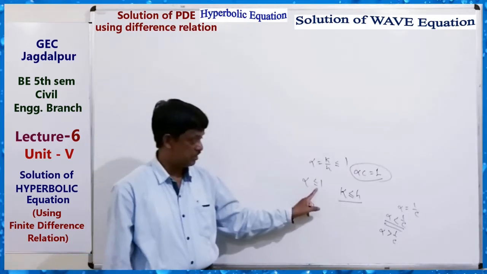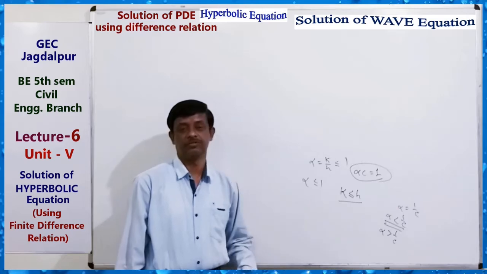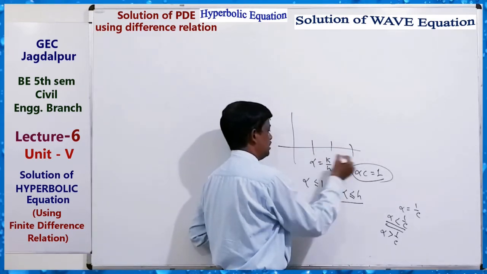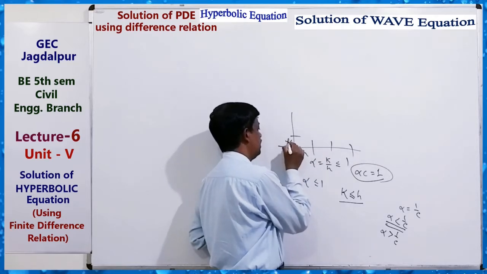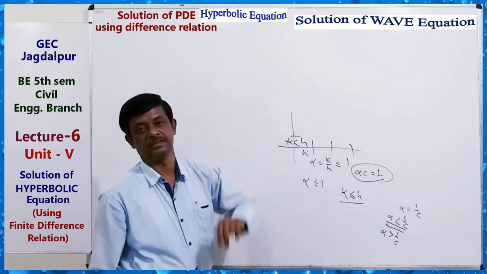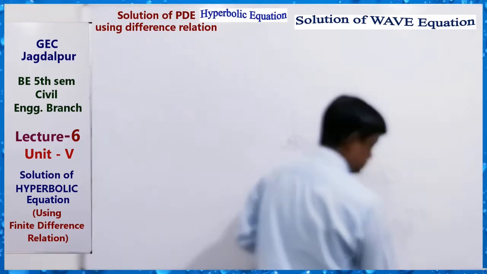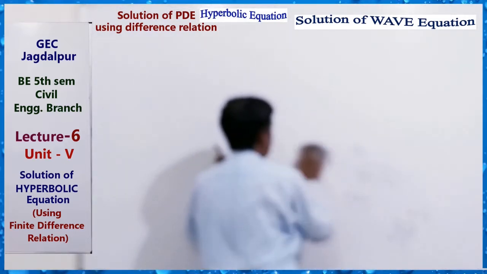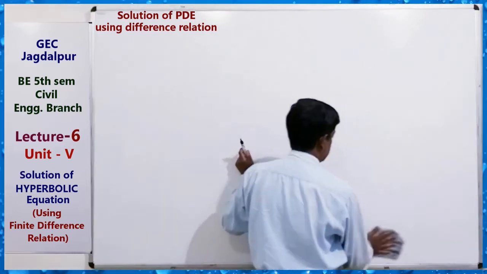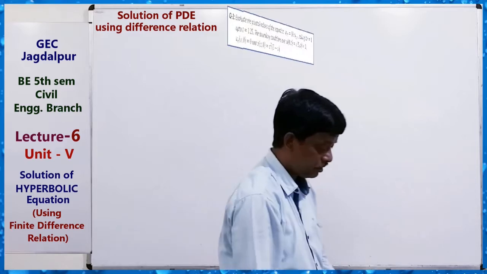That is, k is less than or equal to h, our space step. The time step must be less than h. So just remember these points for solving questions. So take a question here.